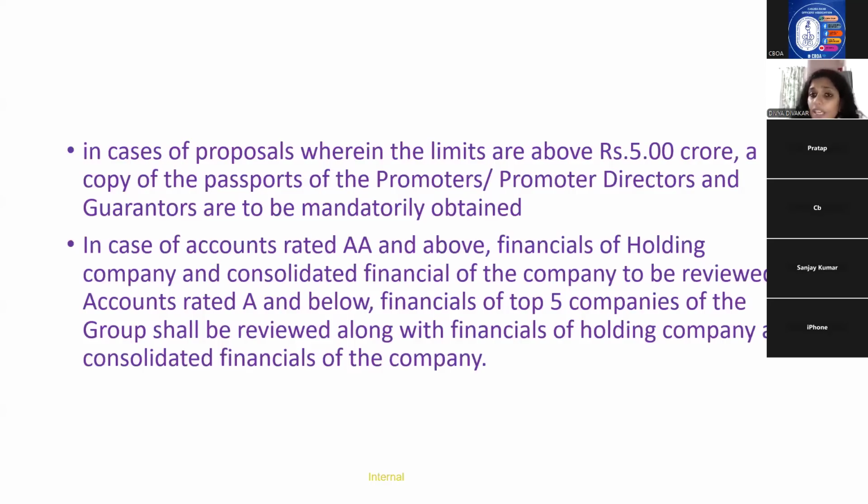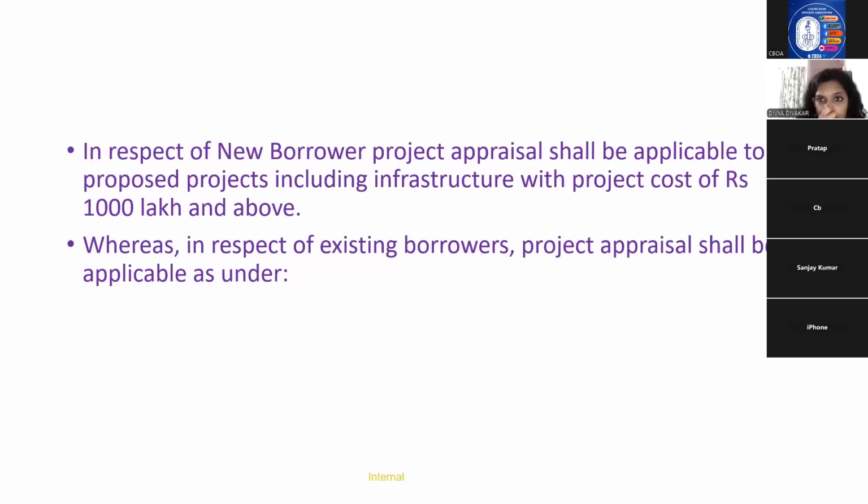So once again, if the exposure is beyond 5 crore, you are supposed to take a copy of the passport. If it is rated AA and above, financials of the holding companies and the consolidated financials have to be obtained and reviewed. If it is A and below, top 5, and along with this holding company financials and consolidated financials.